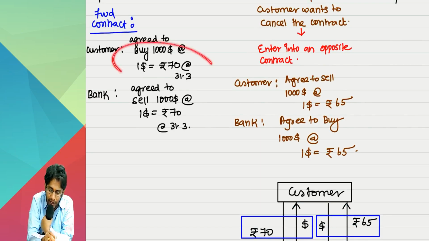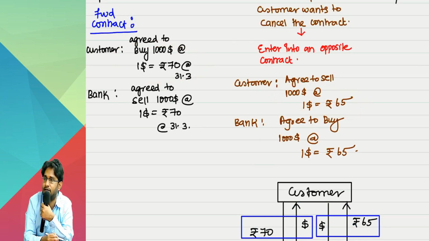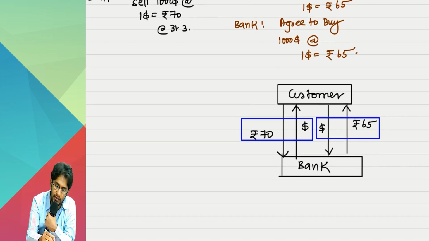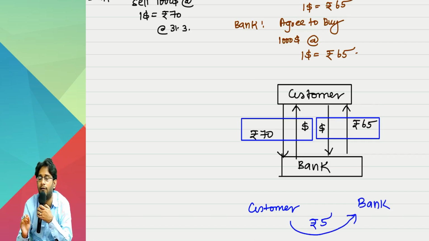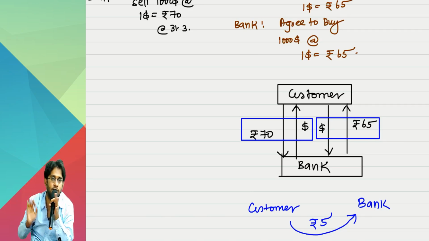Simple. He is buying at 70, selling at 65. Definitely the customer loses by 5 rupees and the banker also gains by 5 rupees. So effectively what is happening in this transaction is the customer should pay to the bank an amount of 5 rupees. The losing party will pay money to the gaining party and the contract is deemed to be closed.